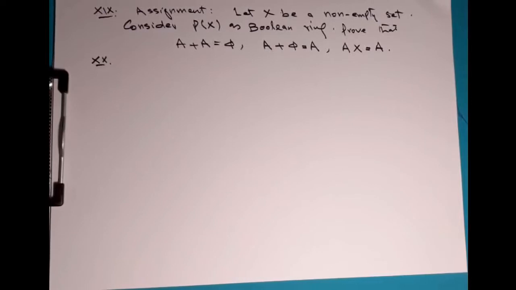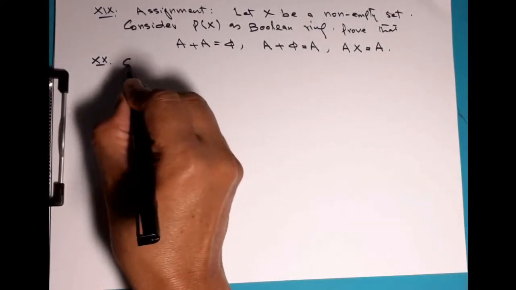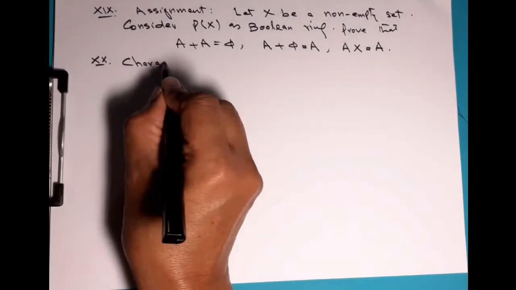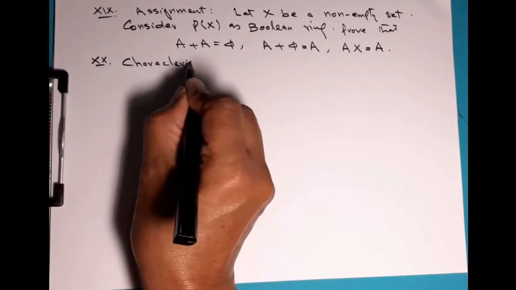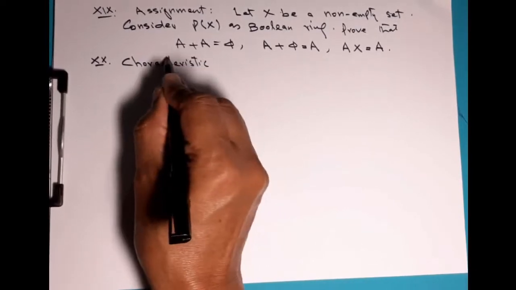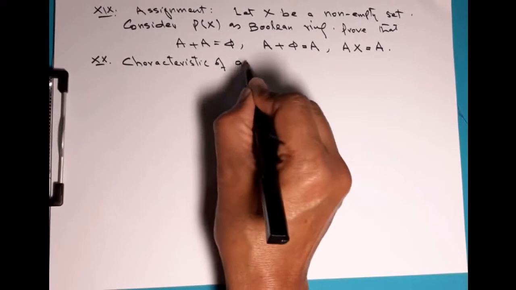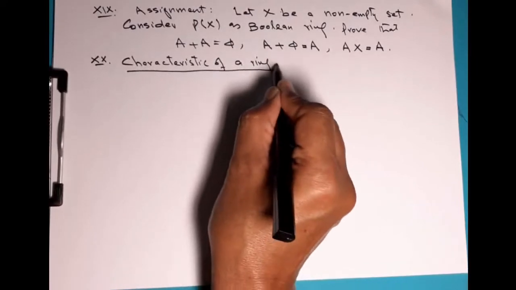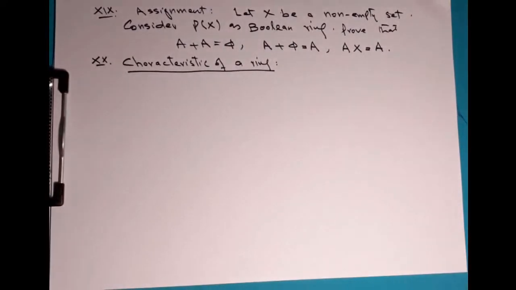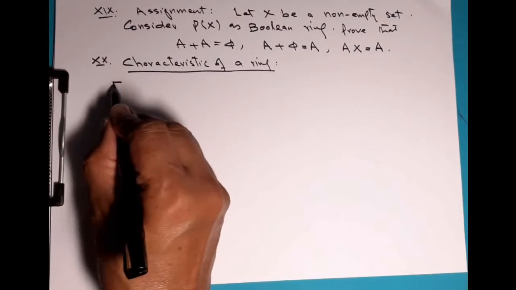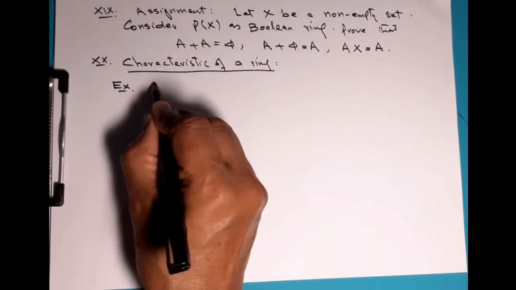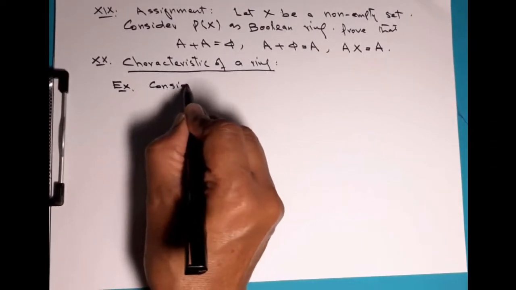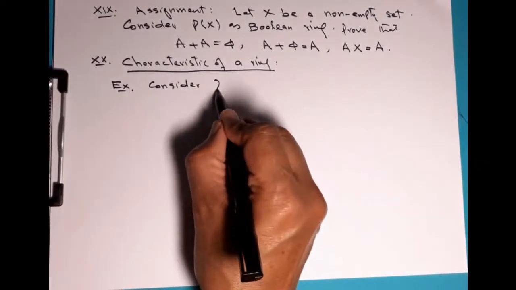Let's come to a very simple concept, that is the characteristic of a ring. So this is a very simple concept. Let me give you an example. Consider Z9.